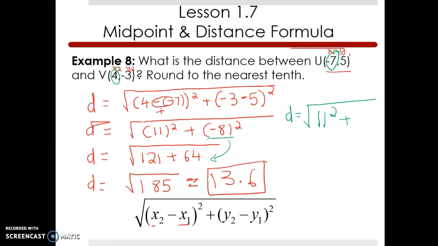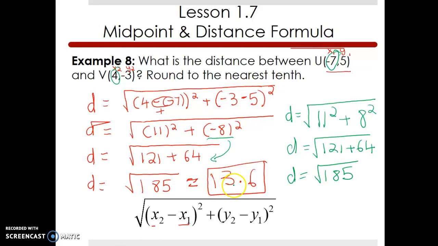So that is a total of 8 spaces away. So I get the same thing: 121 plus 64, which gives me square root of 185, which is the same thing as 13.6.